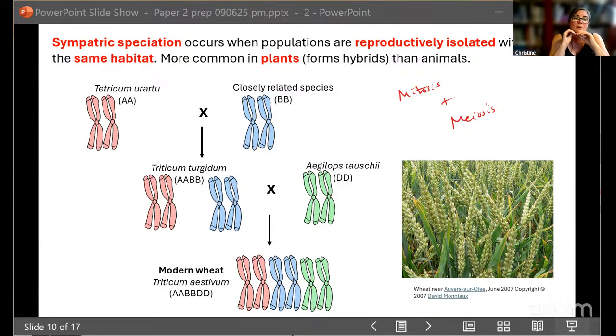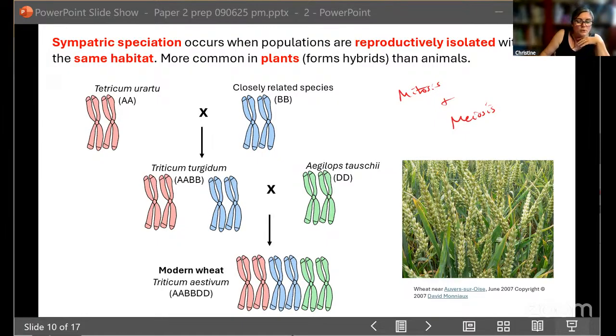Because if you have an organism which is having a different number of chromosomes, if we're talking about animals, the animals are going to be less likely to develop, and therefore we don't tend to get as many hybrids in animals than we do in plants. And how do we know that? Well, this is where we can look at classification in the fact that there are so many different varieties that have evolved from the same families. So again, that's where they could bring in classification and evolution.